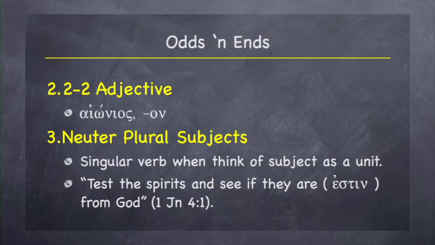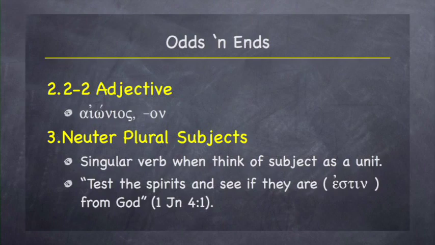In 1 John 4:1, John says, test the spirits and see if they are from God. Okay, the Greek form, if you already memorized eimi, the Greek form translated they are is estin, isn't it? Well, estin is singular. Well, why do we say they are? Well, spirits, pneuma, is a neuter word.